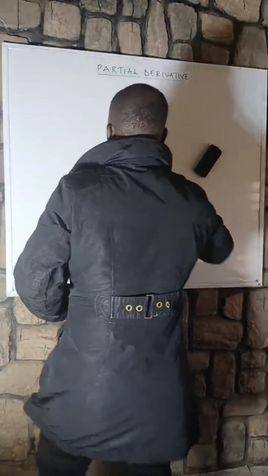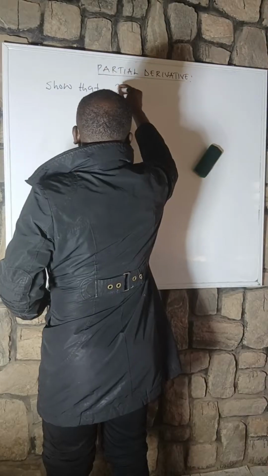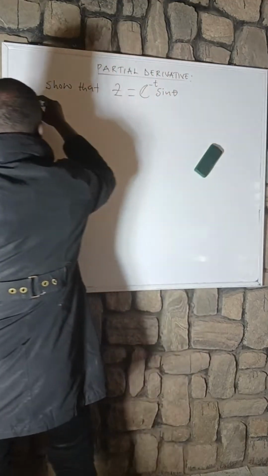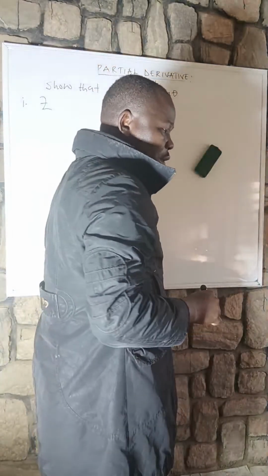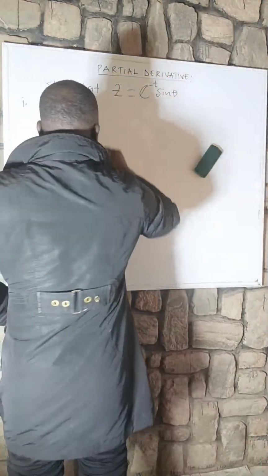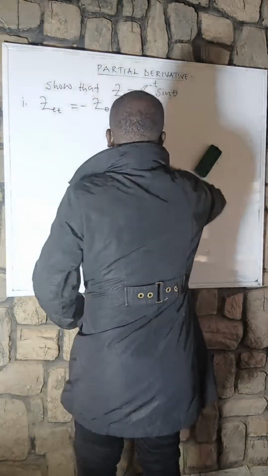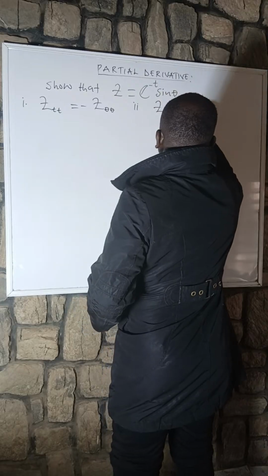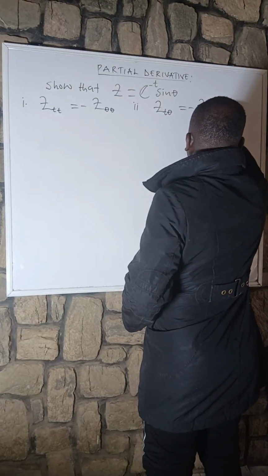Show that z is equal to exponential minus t sine theta, z subscript tt is equal to minus z subscript theta, and z subscript t theta equals minus z subscript theta t.